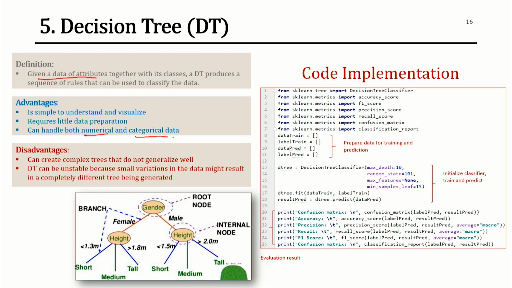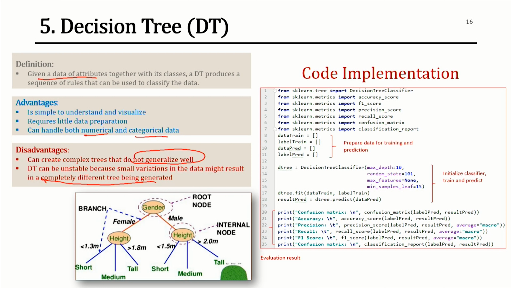For the disadvantages, it can create complex trees that do not generalize well. DT can be unstable because small variations in the data might result in a completely different tree being generated. So if we have a small variation in the data, we may get a completely different, complicated tree generated.